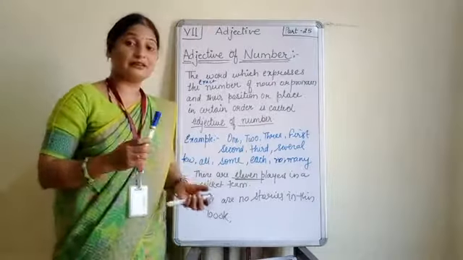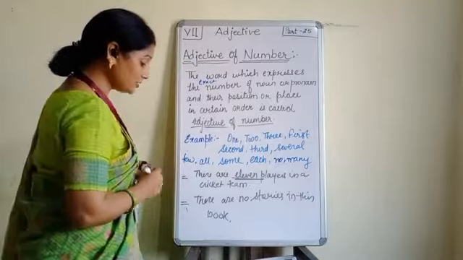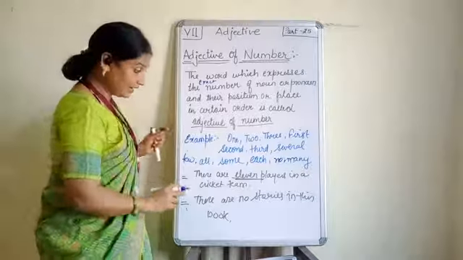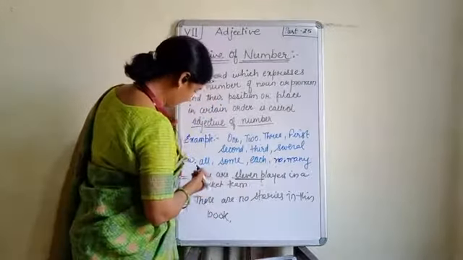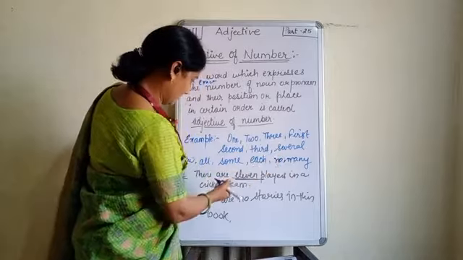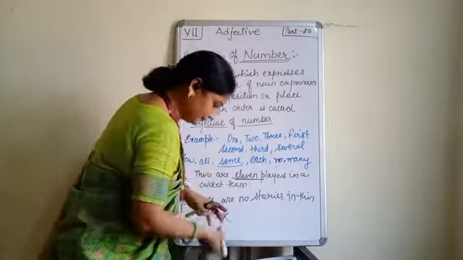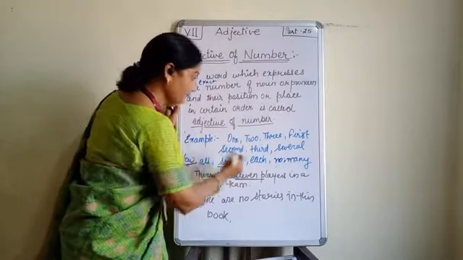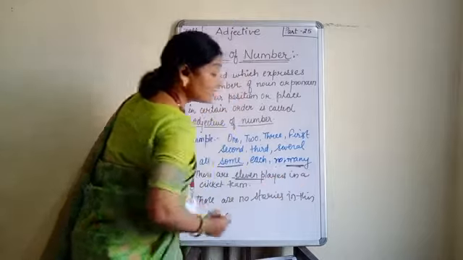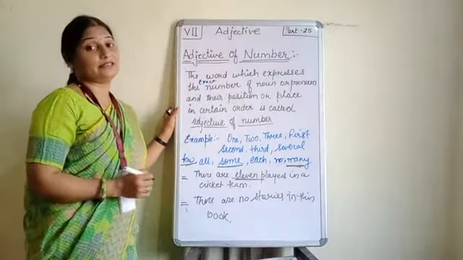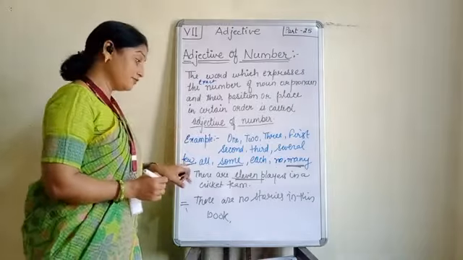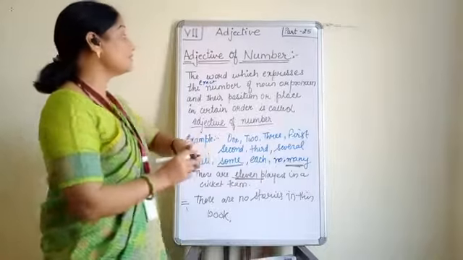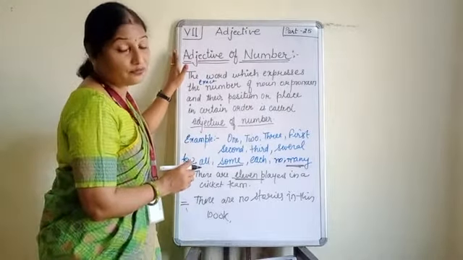Now see children, one thing I would like to remind you that we have used few words. Like we have used some. Okay. Few and many in both the kinds of adjective. That is, we have used few, some and many in adjective of quantity as well as in adjective of number.